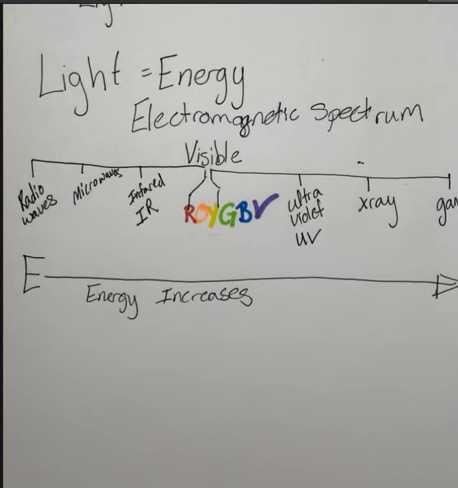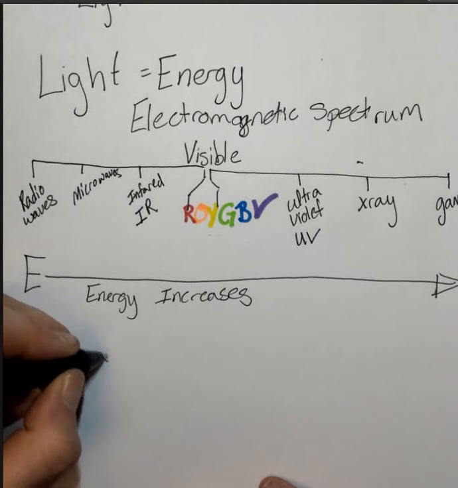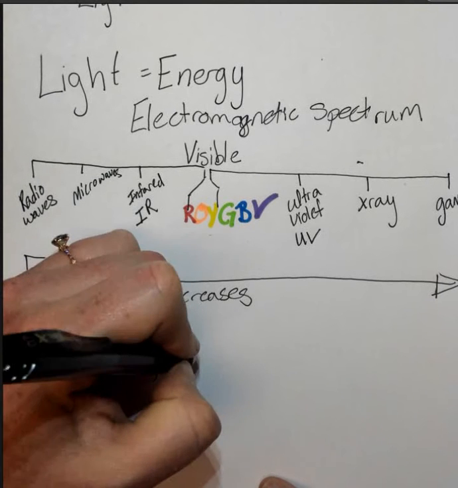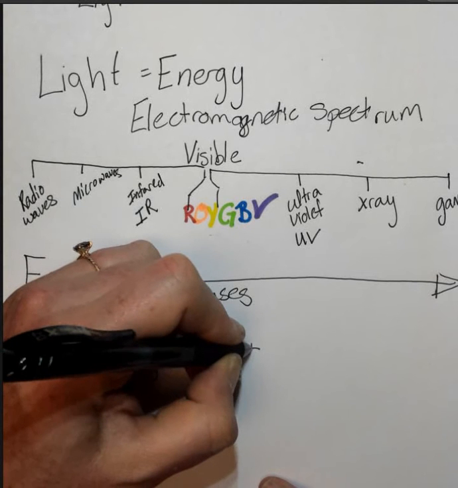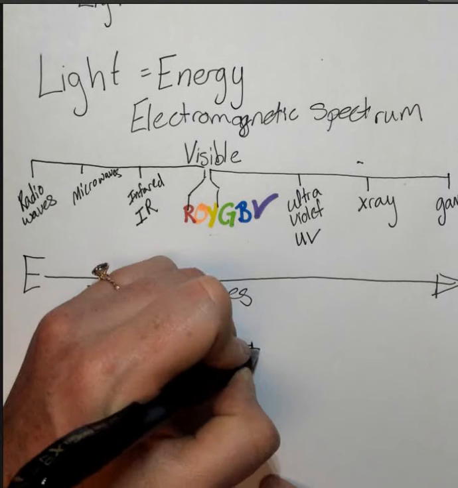So this energy comes from the fact that each of these lights has a different wavelength. So when I say wavelength, I'm going to give you this symbol lambda. It means wavelength. And wavelength on a wave is the length from crest to crest or from trough to trough.